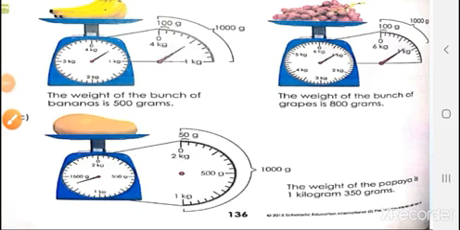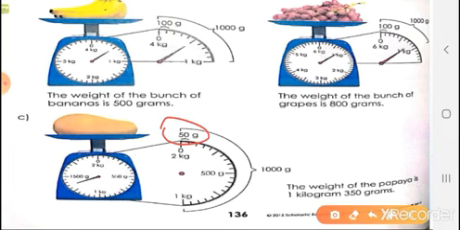So the interval between two marks that are next to each other stands for 50 grams. You can see here that is 50 grams.